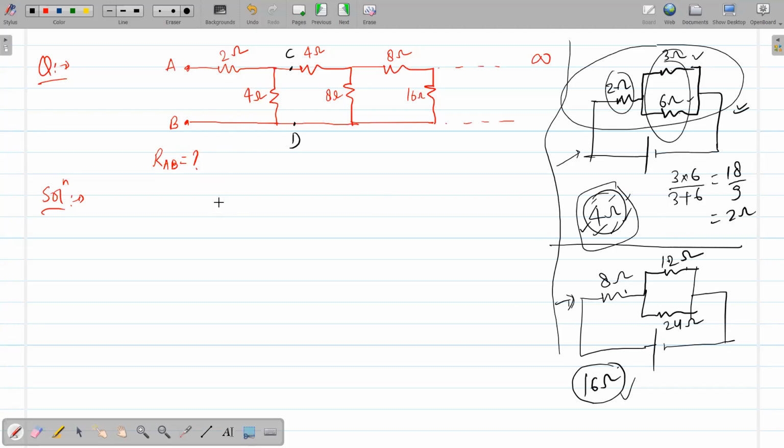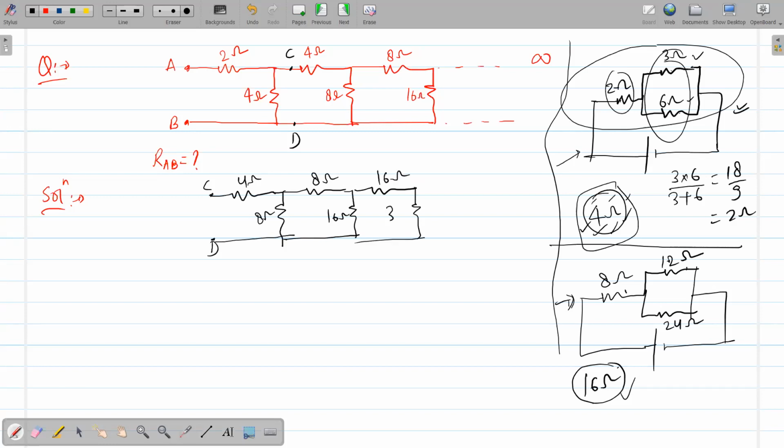If I draw the circuit from CD, it would appear like 4 ohm, 8 ohm, 8 ohm, 16 ohm, 16 ohm, 32 ohm, up to infinity.